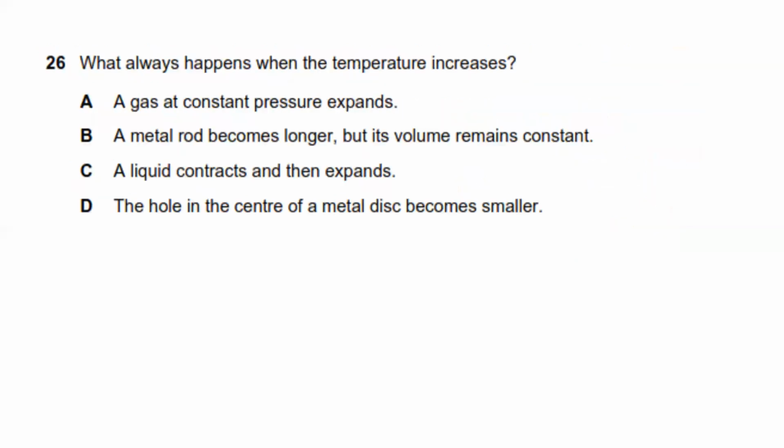Then the next question, question 26. It says what always happens when temperature increases? So when temperature increases, a gas at constant pressure expands. So V1 over T1 equals a constant at constant pressure.